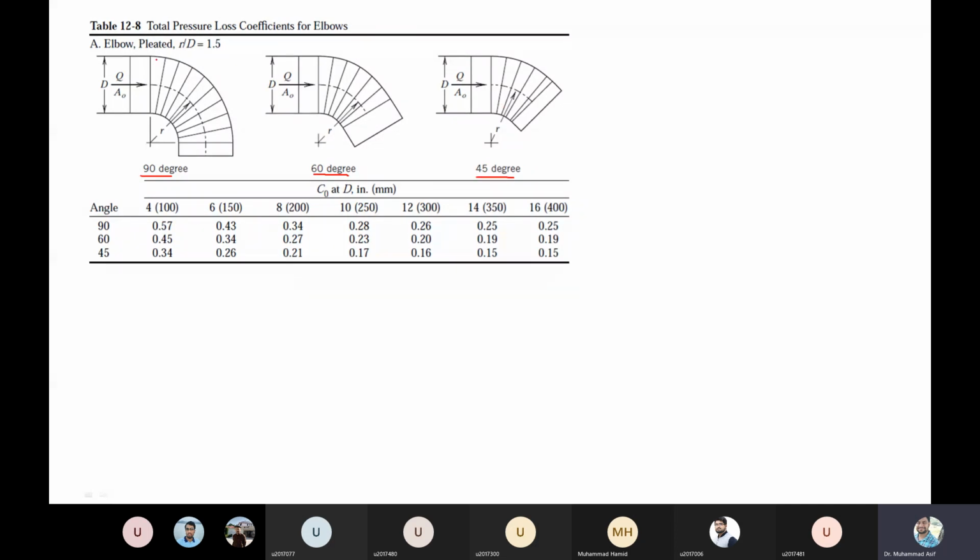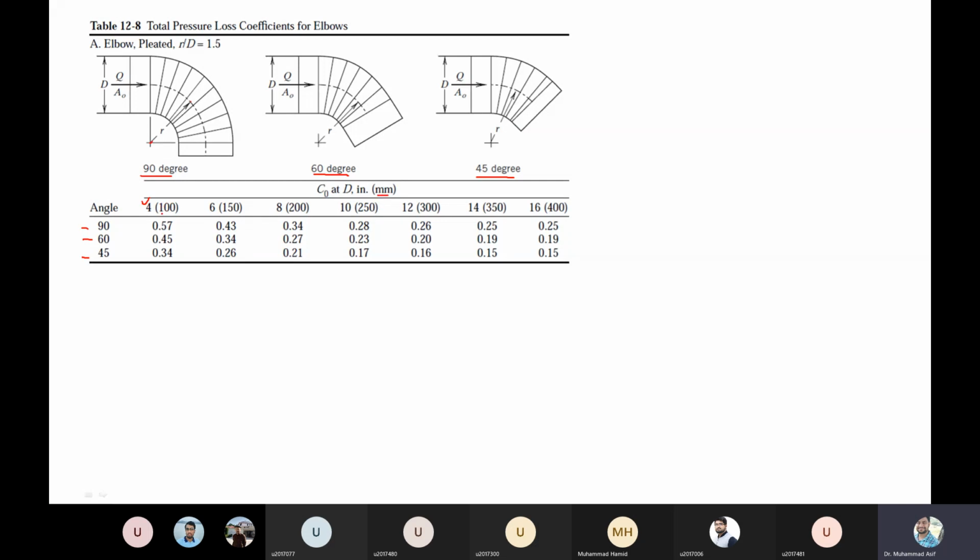And the elbows are also represented with R by D. R is this one, this radius, and D is the diameter or internal diameter of the elbow. So that ratio is called the R by D ratio. So depending upon the angle and the diameter of the elbow, whether this is 4-inch diameter, in the bracket they have mentioned in millimeter.